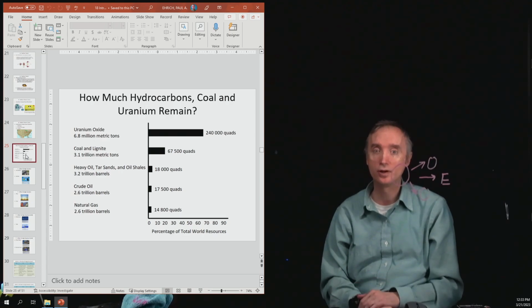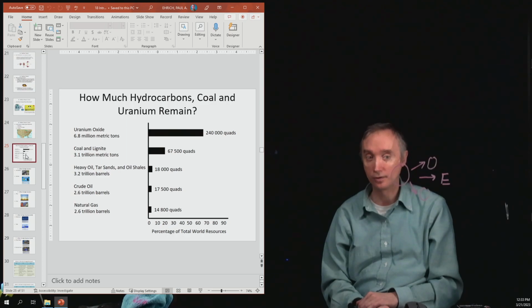And then you'll also notice that there is a tremendous amount of coal inside the Earth, and we mentioned that we could use the coal, if we had to, to make gasoline. And then you can see that there is also a lot of oil that is trapped inside rock, so that's your unconventional hydrocarbons.